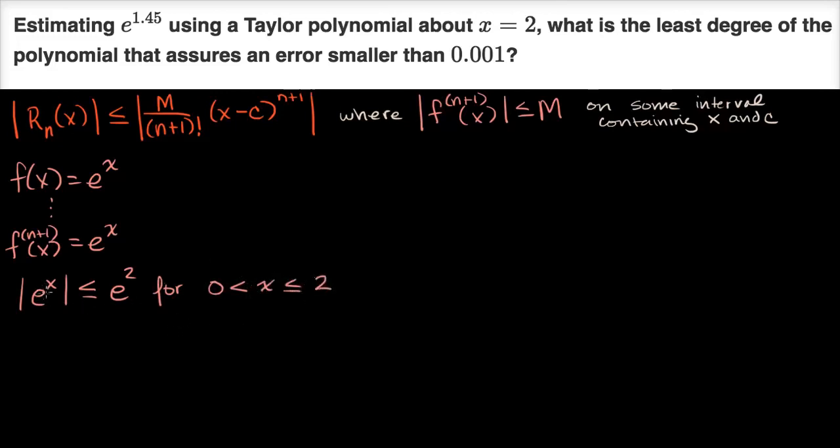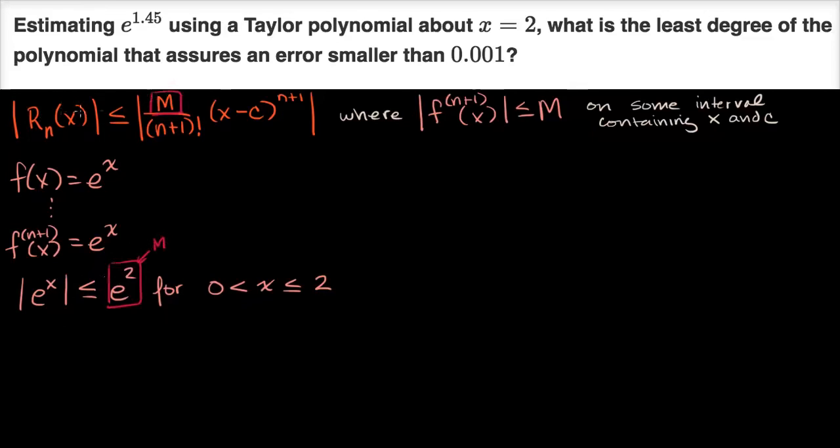E to the x isn't bounded over its entire domain. If x goes to infinity, e to the x will also go to infinity. But here I've set up an interval that contains the x we care about, which is 1.45, and it also contains where our function is centered, which is 2. So we know we're bounded by e squared, so we can use e squared as our m. We were able to establish this bound.